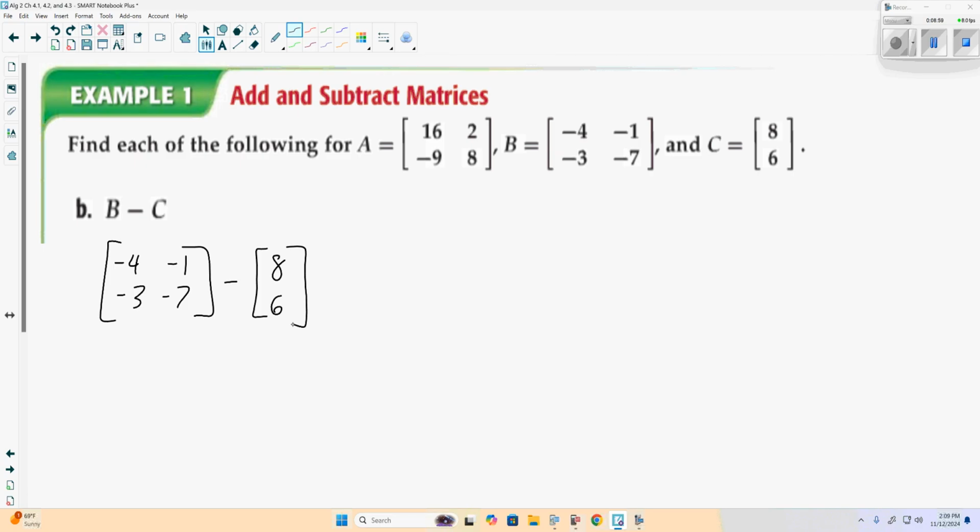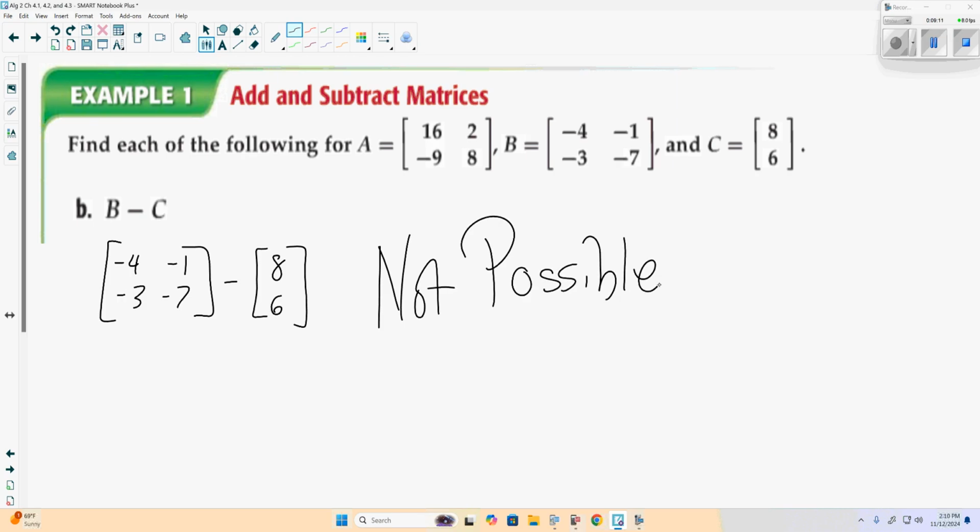Are the dimensions the same? No. So can we subtract these? No, this is not possible. Because we're not able to actually subtract these here. Because for us to add or subtract, the dimensions have to be the same.